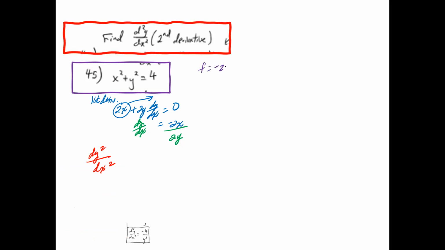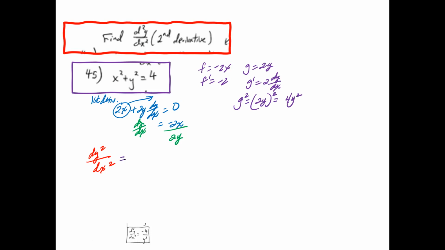So f equals negative 2x, f prime equals negative 2, g equals 2y, g prime equals 2 dy over dx. And I am going to have g squared, which is 2y squared, which is 4y squared. Make sure you distribute the square to the 2.